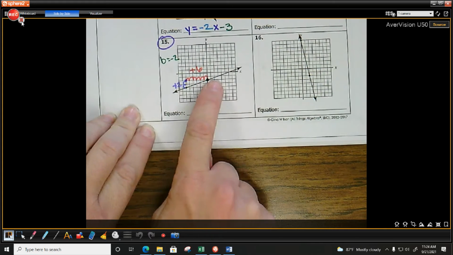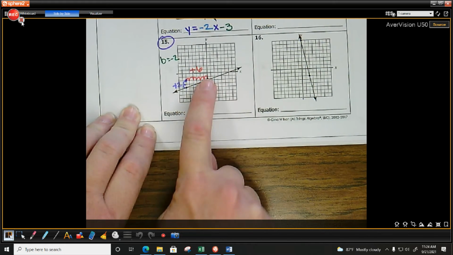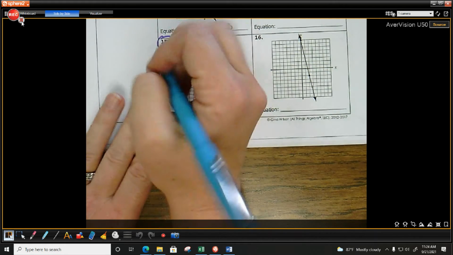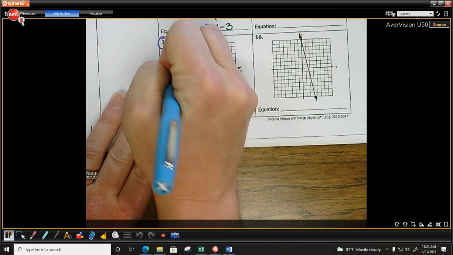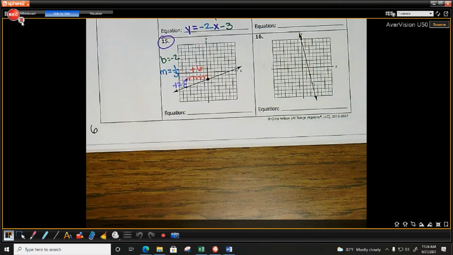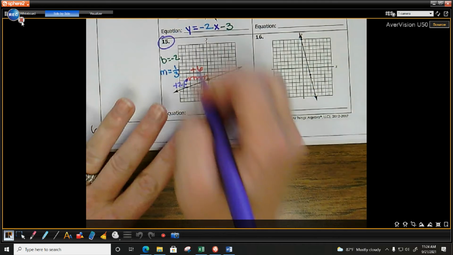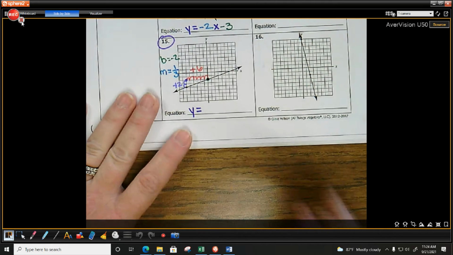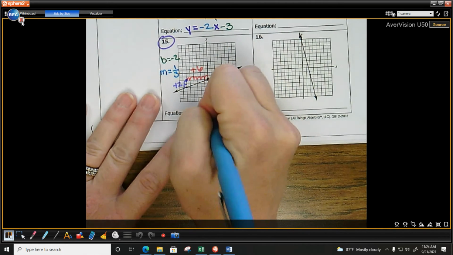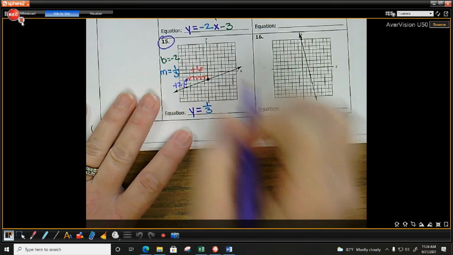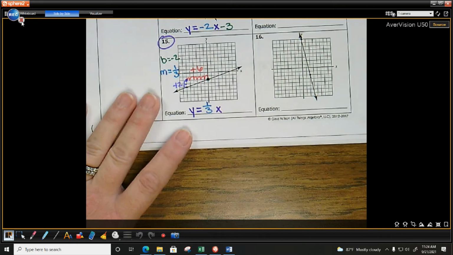So 2/6 is 1/3. 1/3 is not the same as 3. Would you rather have 3 pizzas or only 1/3 of a pizza? They're not the same. Okay? So y equals, what's my m? 1/3 x plus b, what's b? So -2. Good?